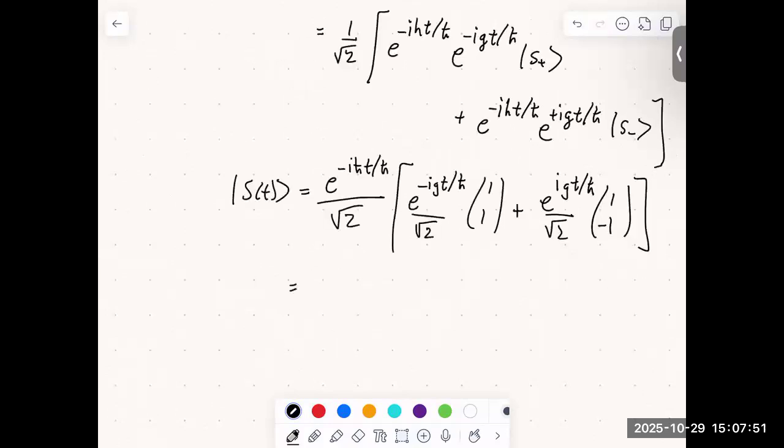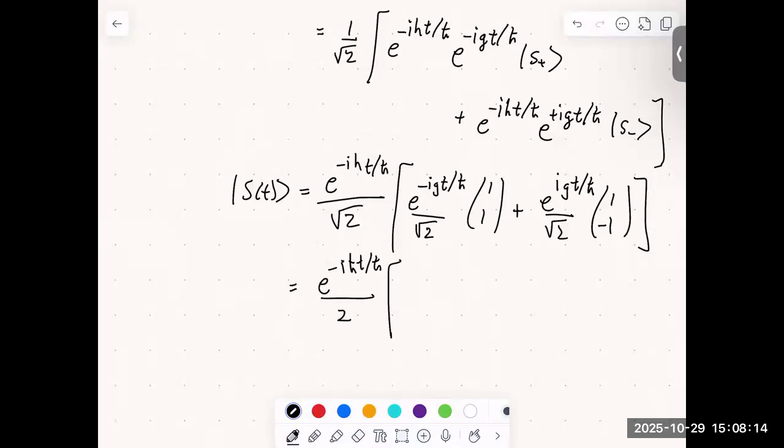Okay, so e to the minus i h t over h bar. God, I'm so used to writing h bar that I can't write a regular h. Okay. So I'll take out this root 2 here.